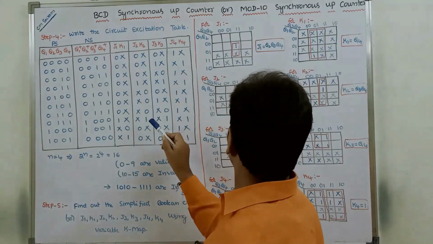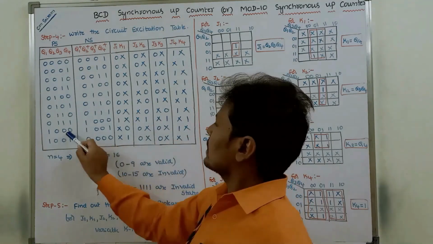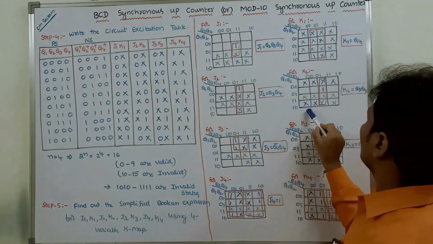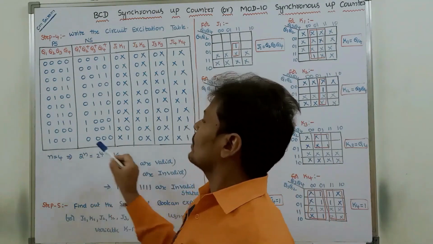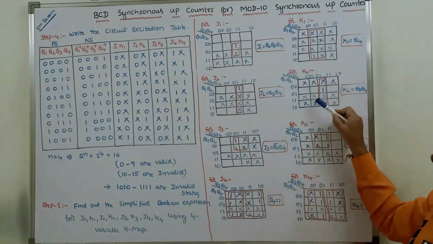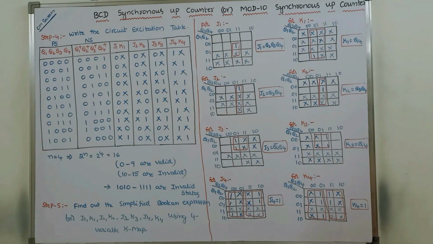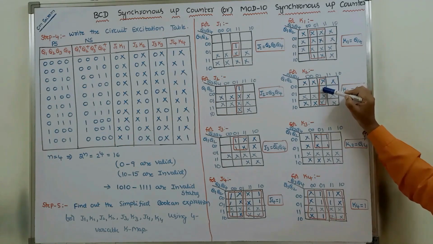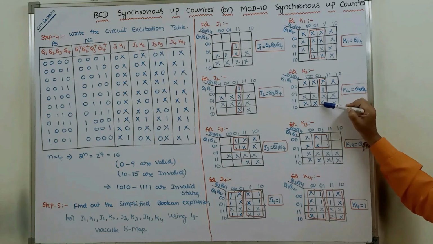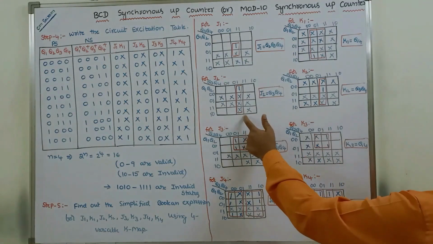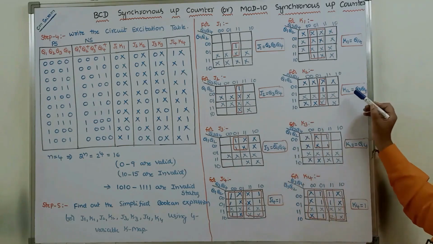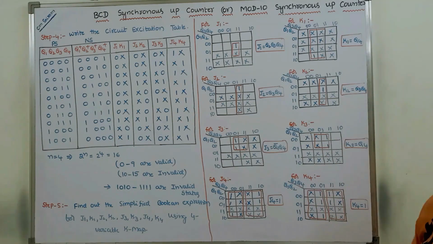Next, here don't care is there, 1, 0, 0, 0, we are placing don't care. Here don't care is there, 1, 0, 0, 1, we are placing don't cares. So this 1 and these don't cares can be formed as a quad. It is similar to the previous one, so the expression for K2 is Q3 Q4.